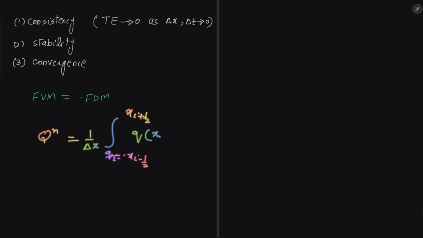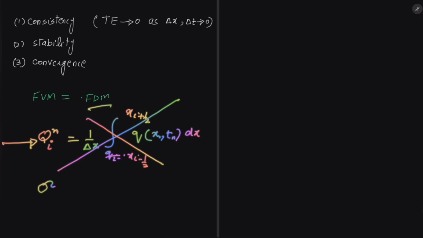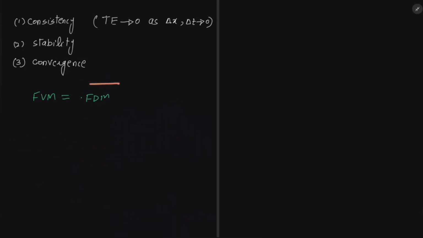That's how we construct the finite volume method. But for the finite difference method, such construction does not exist. We write a function in terms of Taylor series, apply it, and get the numerical method. So the end product is the same for these two methods.